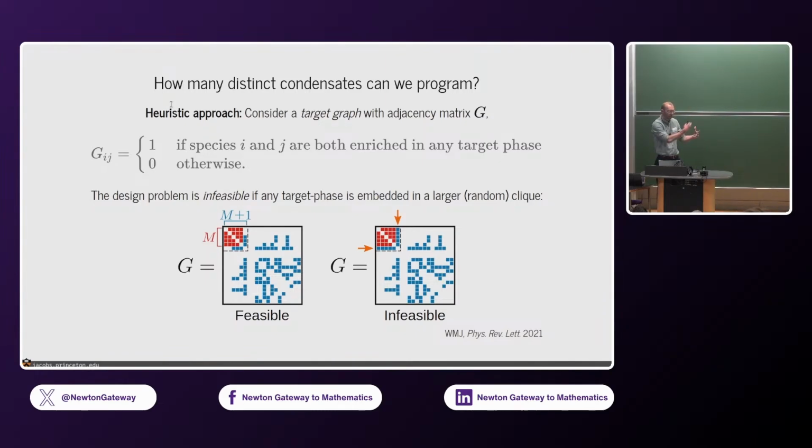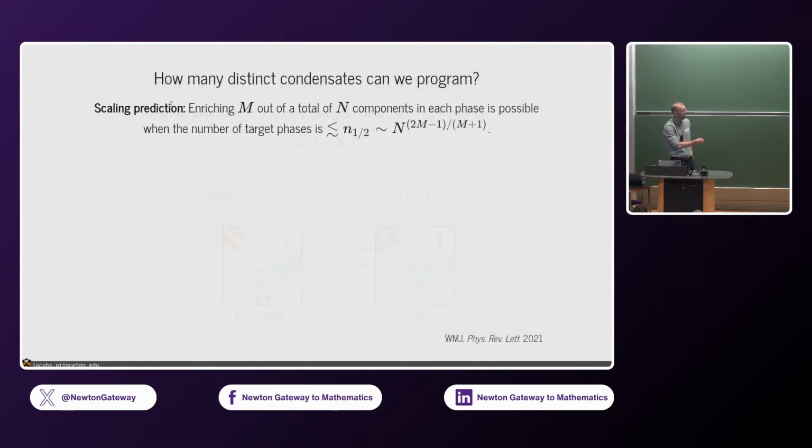So this is not actually solving the thermodynamic problem fully, but it gives us a nice way of estimating when we're going to be able to solve this problem at all, because we can use random graph theory to make some scaling arguments based on different clique sizes.